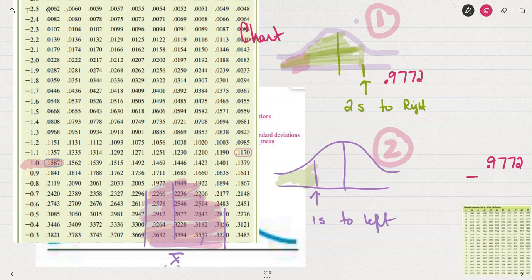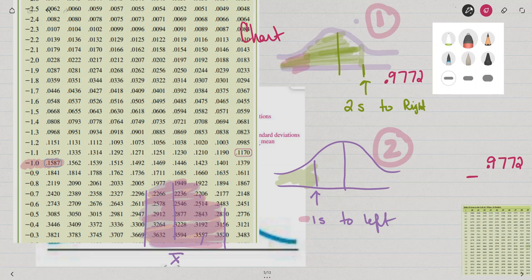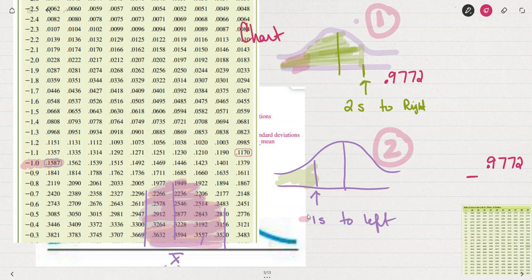When I go 1 standard deviation to the left of the mean, now I've got a negative number. So -1 on the chart you can see is 0.1587.